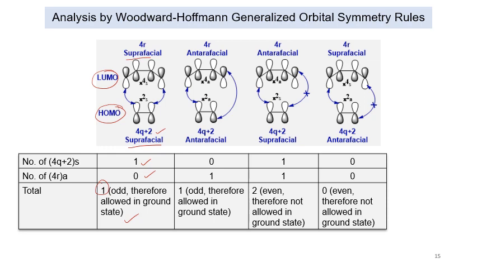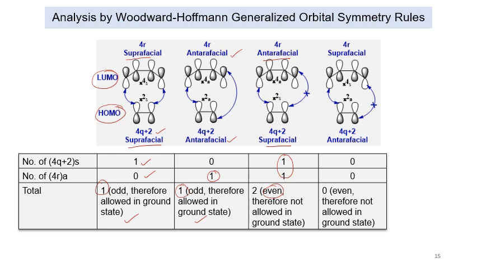Next, if we consider the 4r antarafacial and the 4q plus 2 as antarafacial, this is 1. Therefore, again, this is allowed in the ground state. If we see the antarafacial and suprafacial, both of these are 1 each. The total is 2 and it is even, therefore it is not allowed in the ground state.